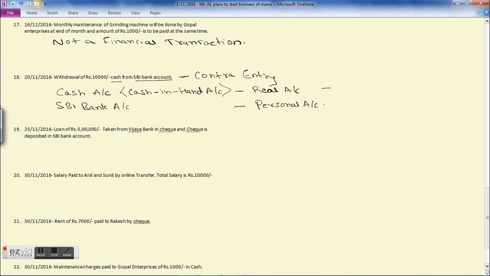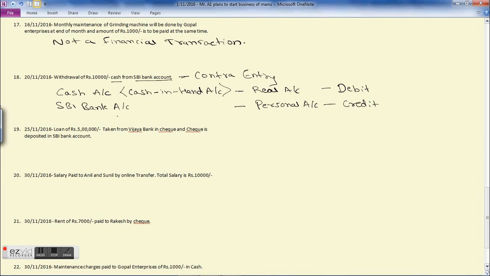For a real account, what is the rule? Debit what comes in, credit what goes out. Since you are withdrawing the cash, your cash balance will increase, so cash is coming in, so debit. Now what is the rule for a personal account? Debit the receiver, credit the giver. Here SBI bank is giving, right? So credit.